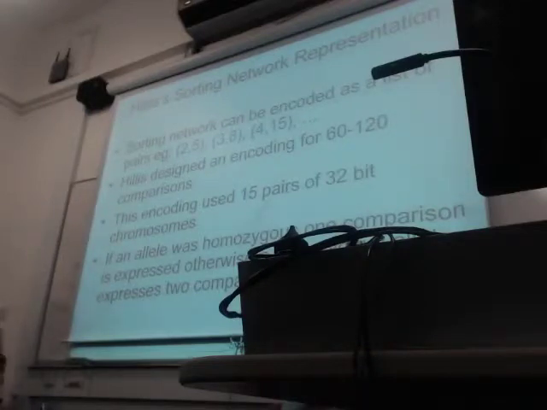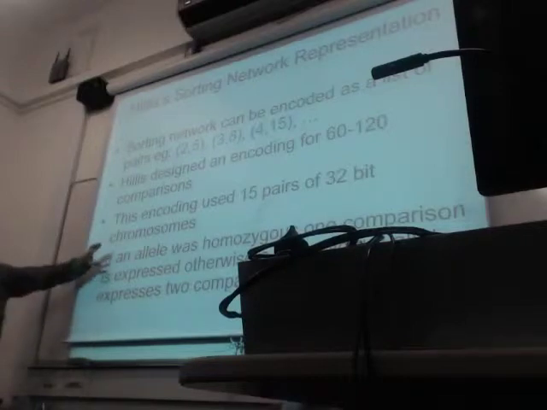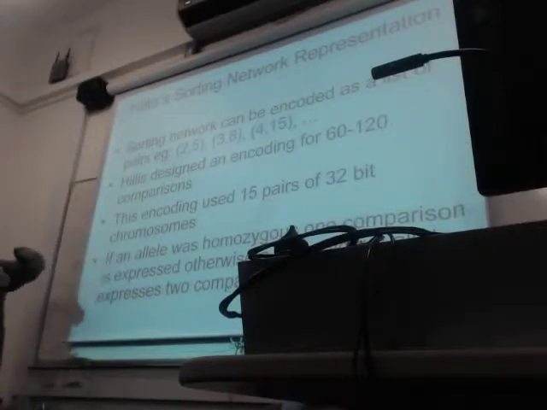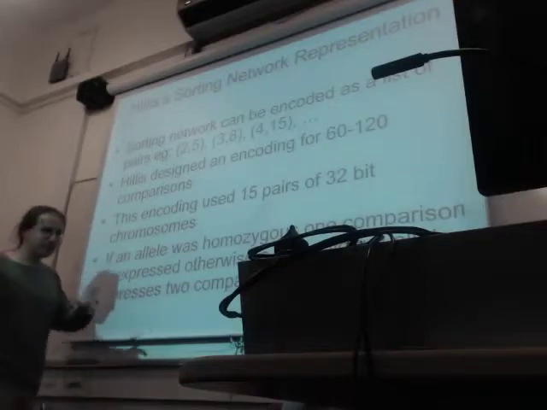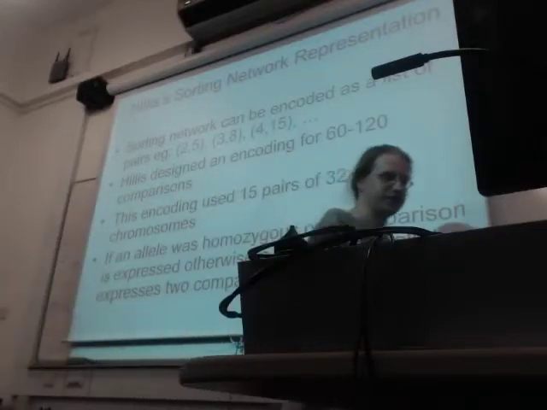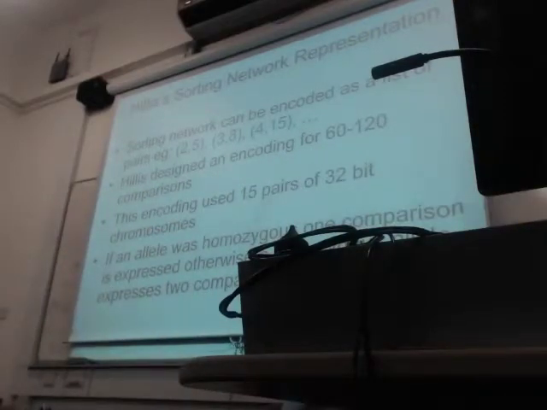The basic idea is that if you have an allele which is homozygous, i.e. they both code for the same thing, or they both code for one comparison, then that allele corresponds to one comparison. If you have the 2 chromosomes and one expresses one on the top and one expresses another on the bottom, then it's going to be 2 comparisons. We'll see this when we look at a picture of how it works.